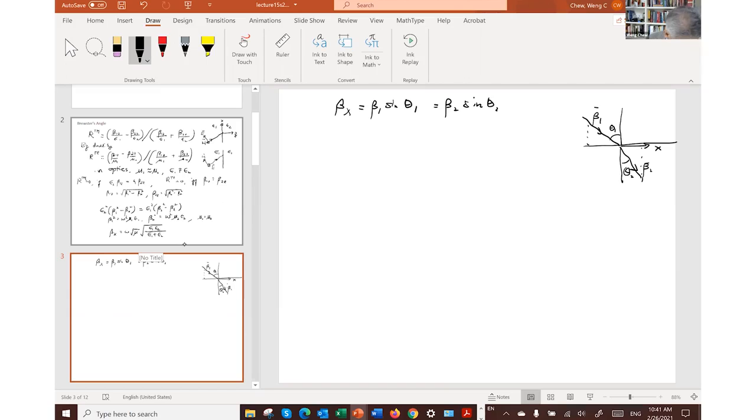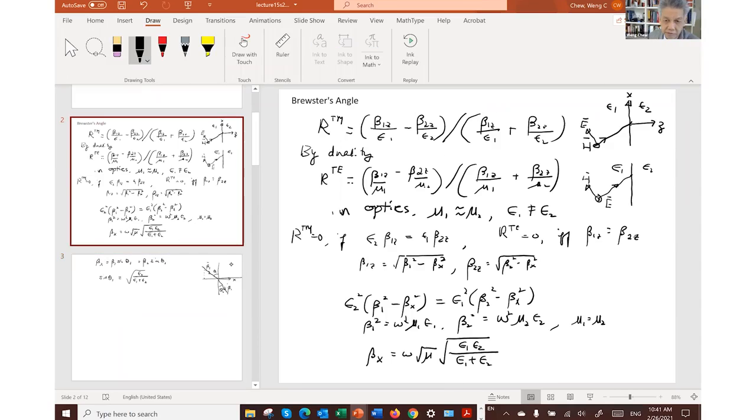So if you use this condition in the previous equation over here, you will find that sine theta 1 is quite easy to show. Sine theta 1 is equal to the square root of epsilon 2 over epsilon 1 plus epsilon 2. You can maybe even see this from this equation.